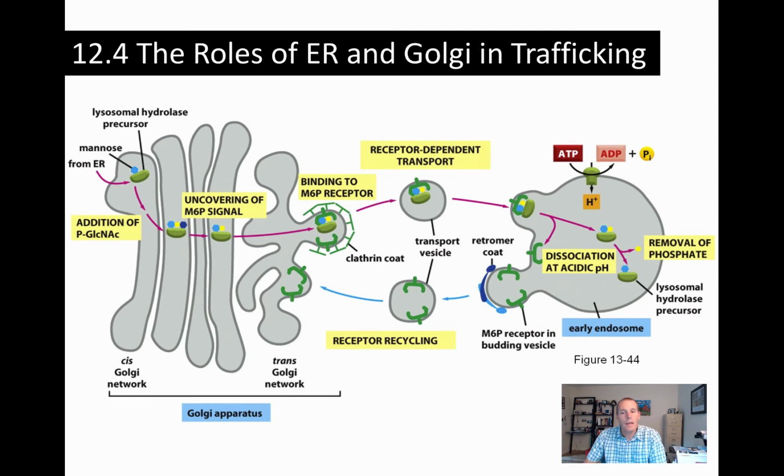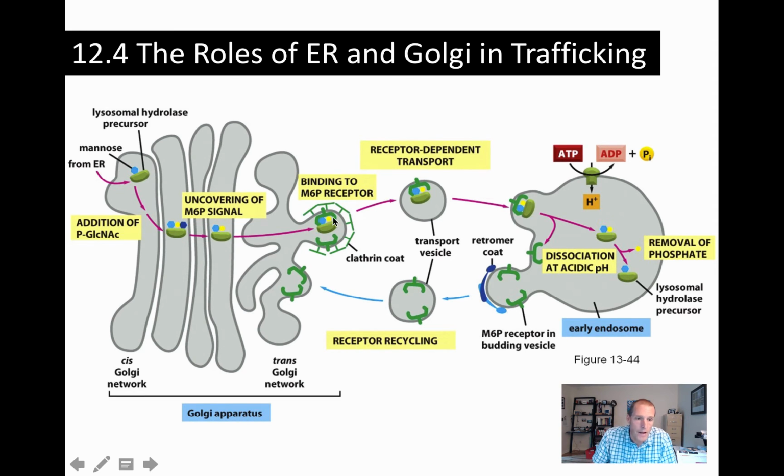So in the trans-Golgi network, there are a series of receptor proteins. So these are transmembrane receptors, kind of like the receptors you find on the cell surface which bind a ligand, except here the ligand is the mannose 6-phosphate that's found on the surface of these soluble, soon-to-be lysosomal proteins.